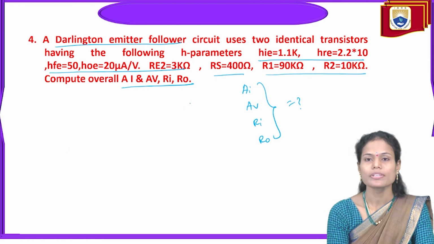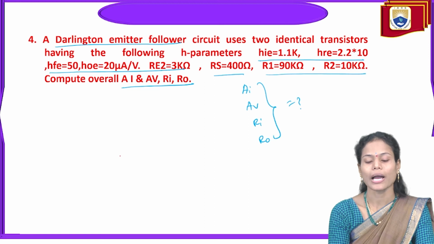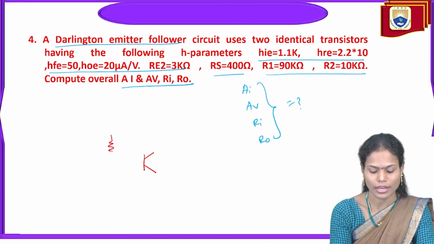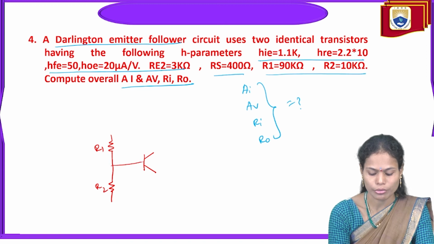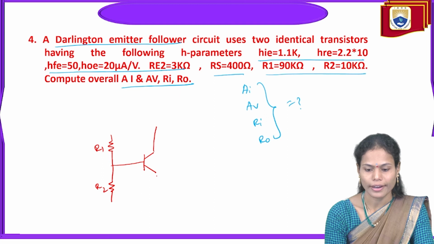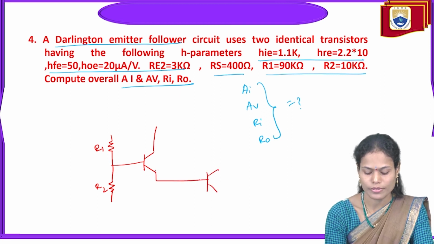From these given values, I am drawing the Darlington amplifier circuit with voltage divider biasing. For the transistor, voltage dividing means we have two resistances R1, R2 connected to the base of that transistor, and the output of this is connected to the input of the second stage.